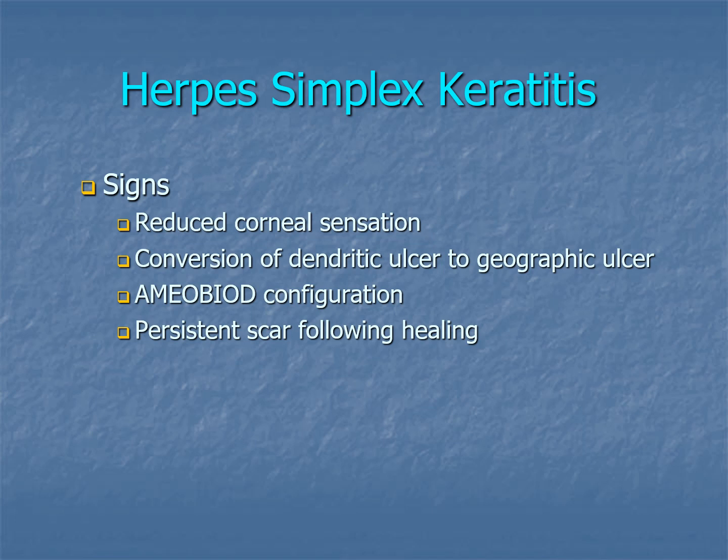Other signs are that corneal sensation is reduced. If not treated in time, the dendritic ulcer converts to a geographical ulcer, then an amoeboid configuration, and ultimately it may heal with persistent scar and may cause corneal vascularization.